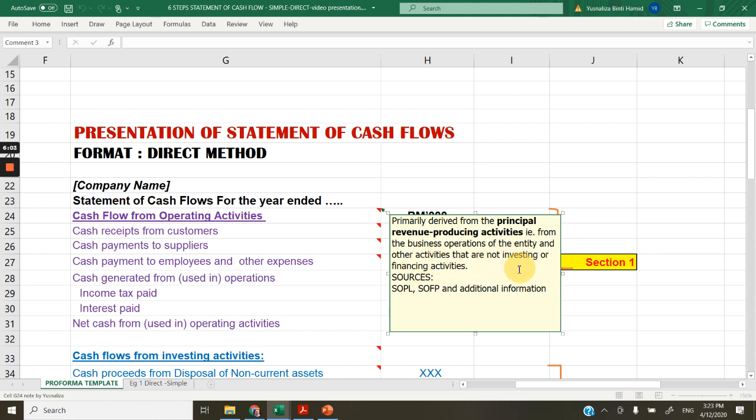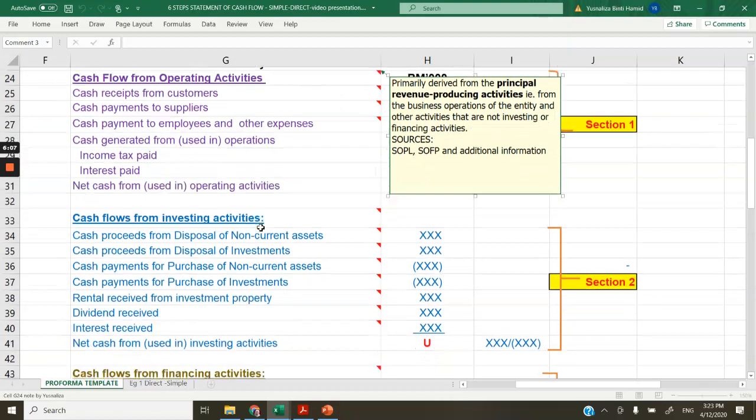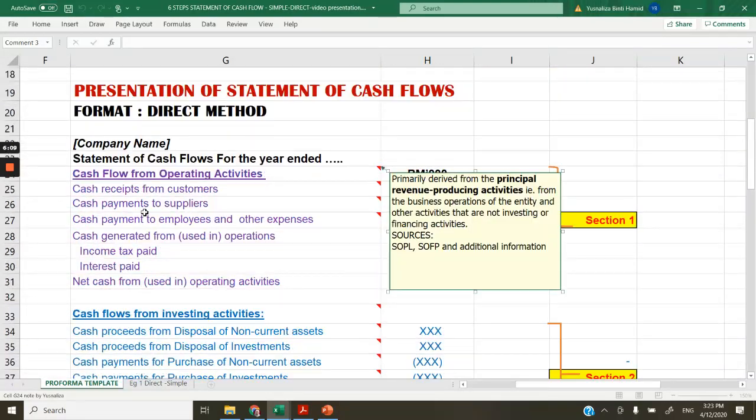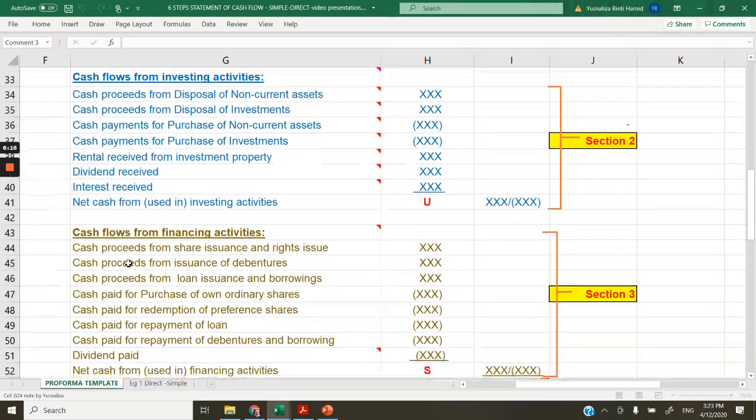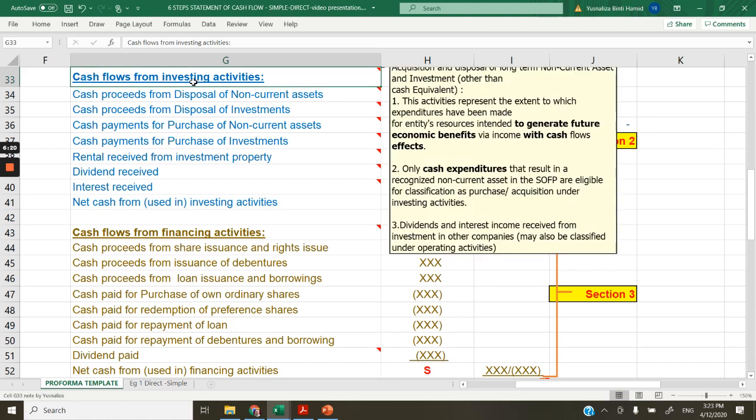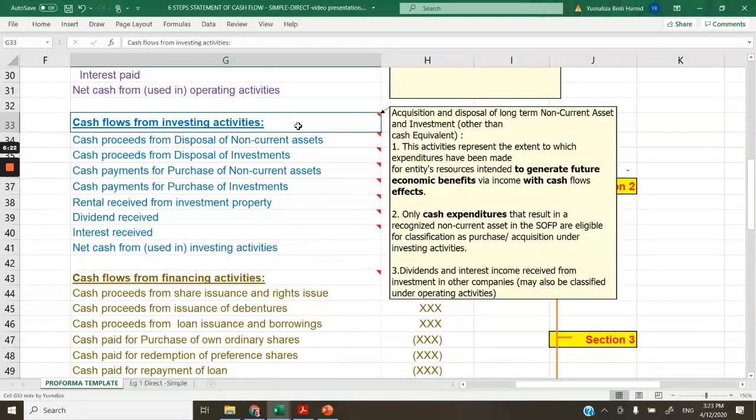So we will discuss investing activities and financing activities, then we'll come back to this. What you need to know is that these are the things that we will discuss later. So let's go and look at section 2. Under section 2, we are going to look at cash flow from investing activities.